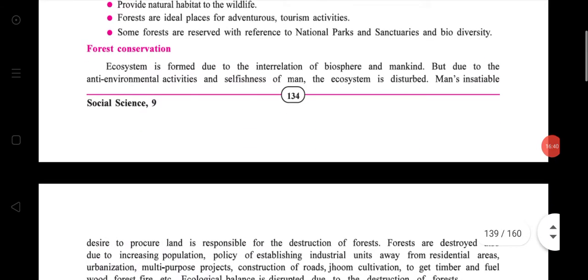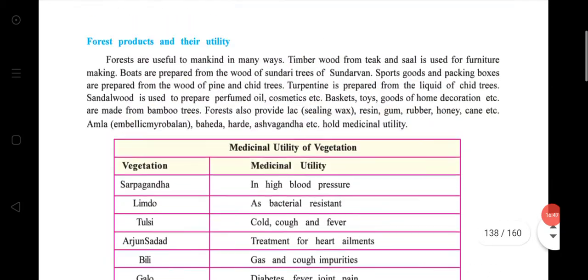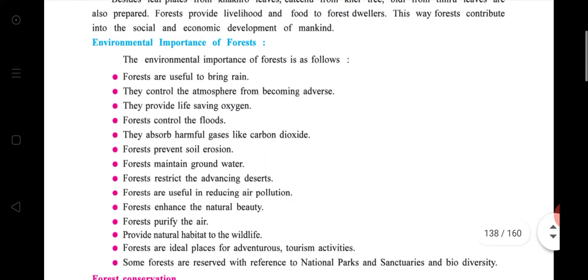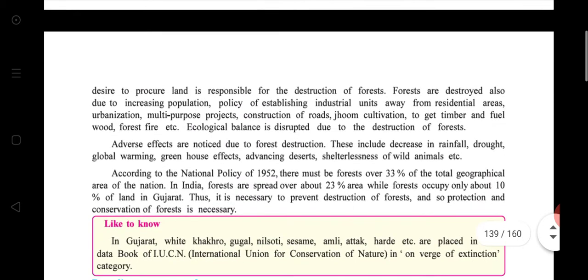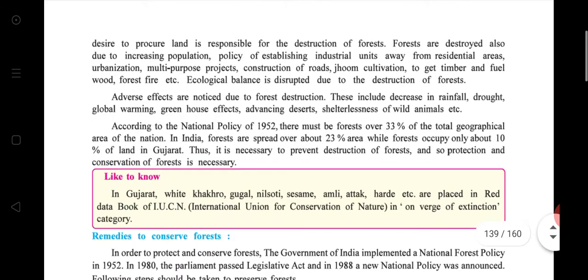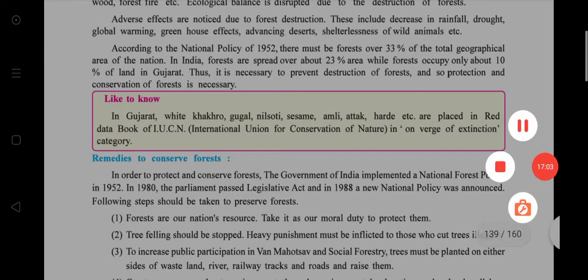So we have done forest conservation. Today we did the revision, then importance of forest, then forest conservation. And in this topic, we studied the necessity of conservation and protection of forest.